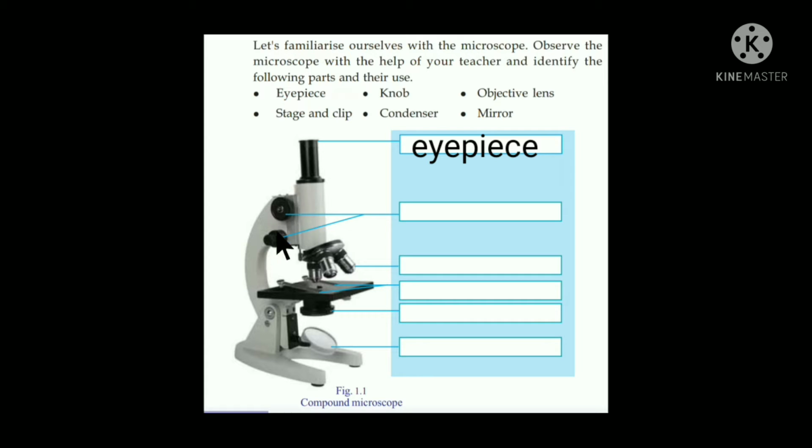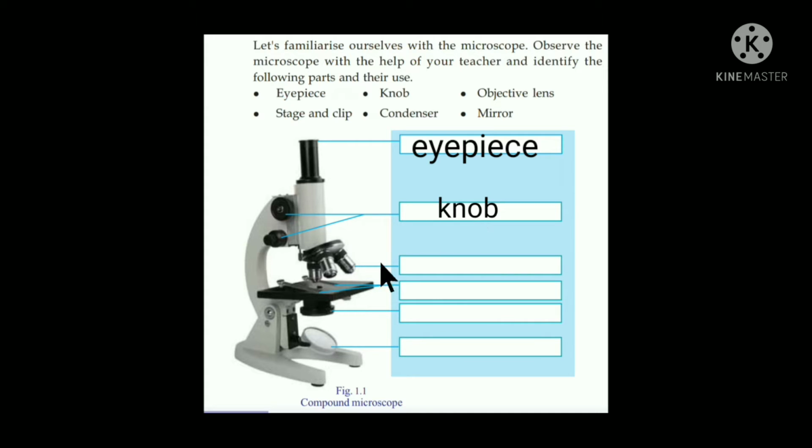So these two parts belong to the part of a compound microscope which is known as knob.